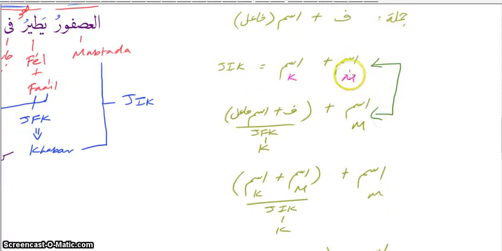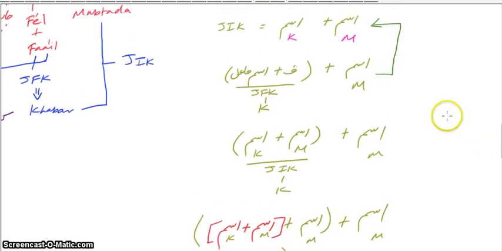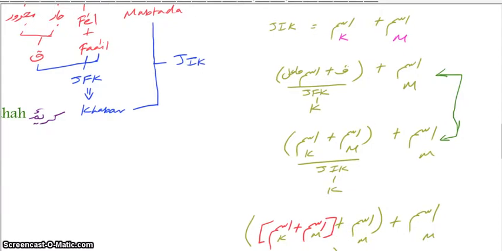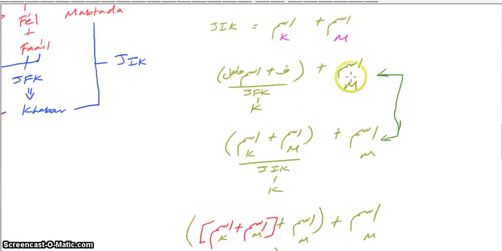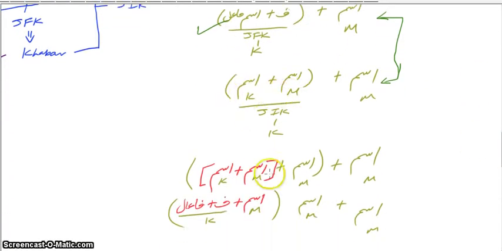Ism and ism, and then a fi'l and an ism is the khabar, and here the ism and ism is the khabar. This example that we did just here, al usfuru yatiru fil bustan, is an example of this one here. And within this ism and ism we can have another ism and ism and an ism. See, they can get smaller and smaller and you can carry on.